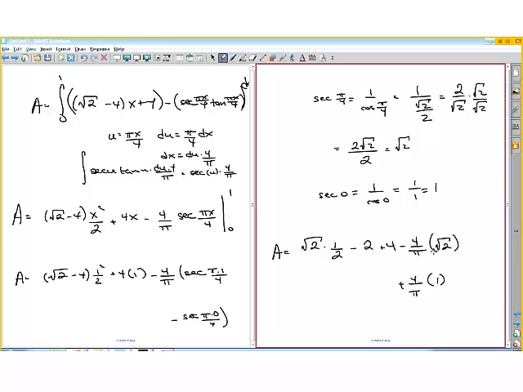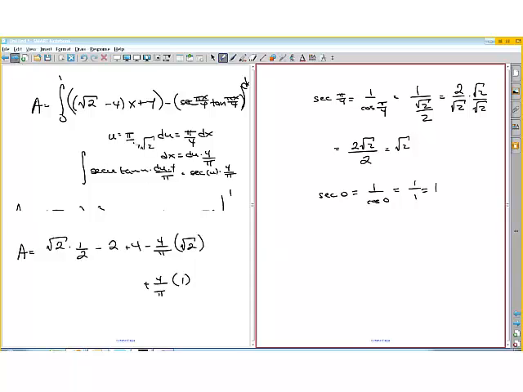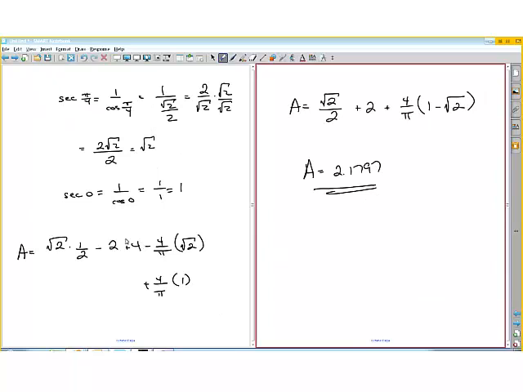And so anyway, we found that the secant of pi over 4 was the square root of 2. You get a negative times negative, which gives you positive. So you get 4 over pi times the secant of 0, which is 1. And then all we did was combine these two terms and factor out 4 over pi, so that left us with 1 minus the square root of 2.